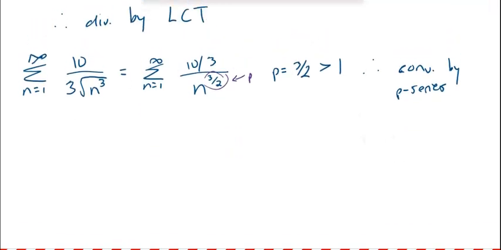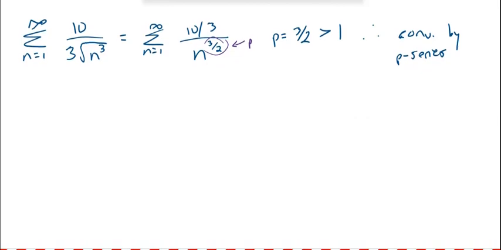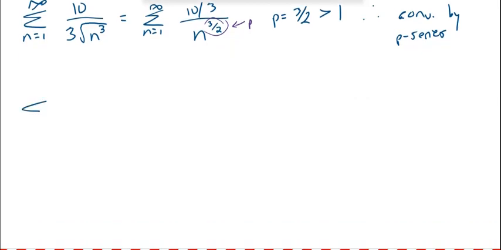All right, hopefully that one's good. Let's do another one. We're just rolling through here. Let's do the sum from n equals 1 to infinity of 10n over the square root of n cubed plus 1. This one, I'm not going to fully solve out.